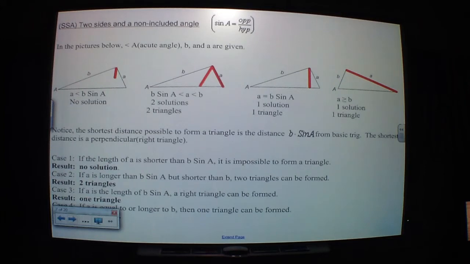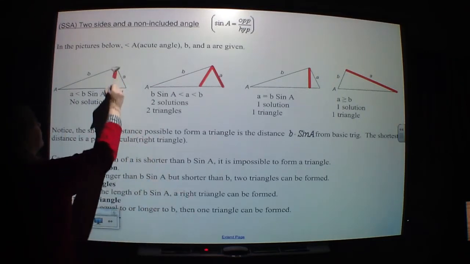If you have two sides given, a side and an angle, and that angle is not an included angle, so I have a side A, a side B, and an angle, and I'm calling this angle A, you'll either have one solution, two solutions, or no solutions. Okay? And let's say this came down straight this way.